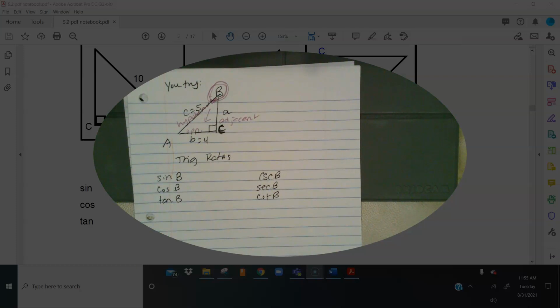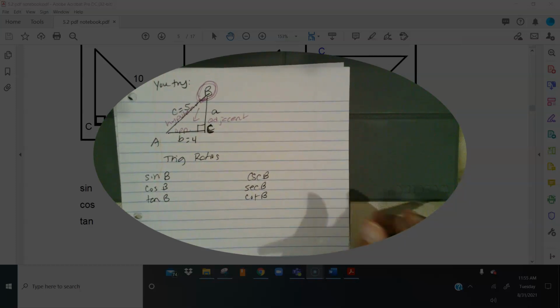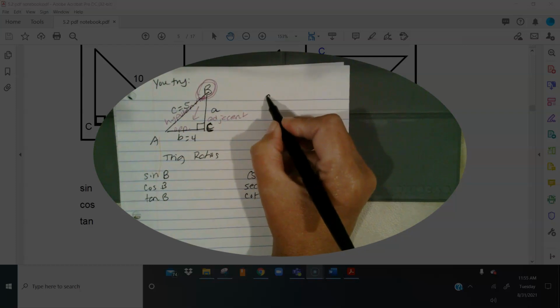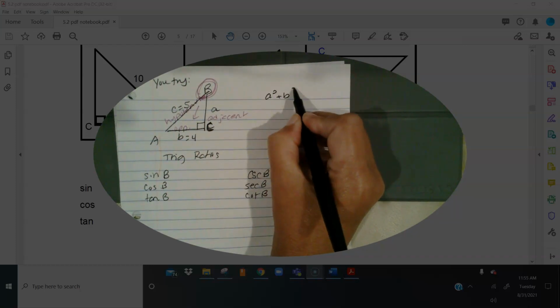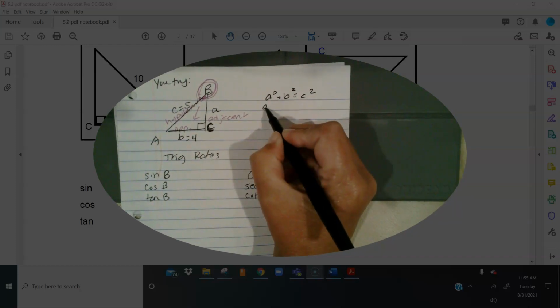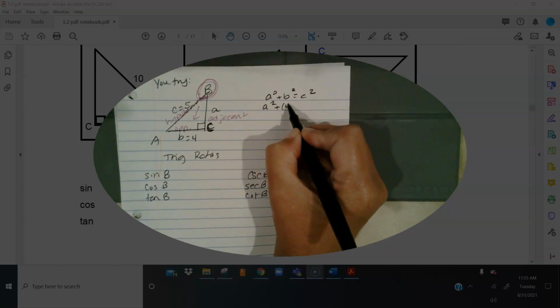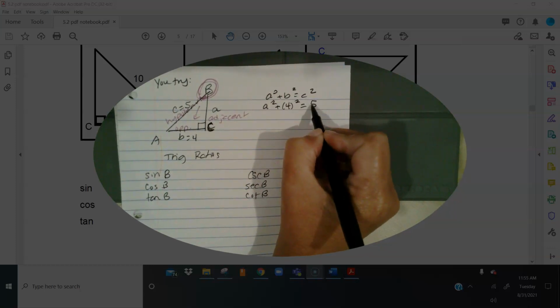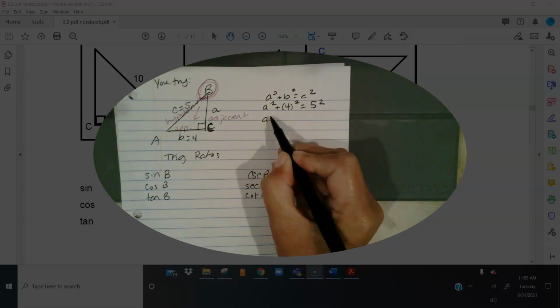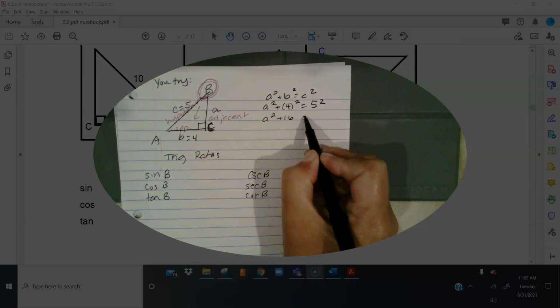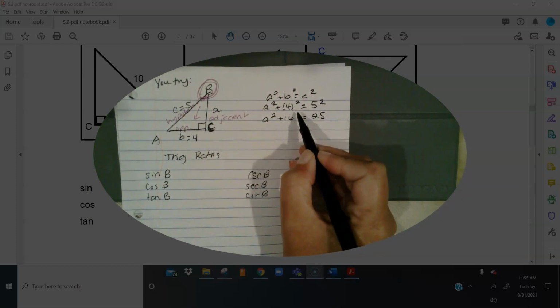In order for this to work, I do need side lengths for A, B, and C, and I am missing side A. So just like in the other problem, use that Pythagorean theorem to locate side A. A squared plus B squared equals C squared. That means that A squared plus 4 squared is equal to 5 squared, or A squared plus 16 equals 25.